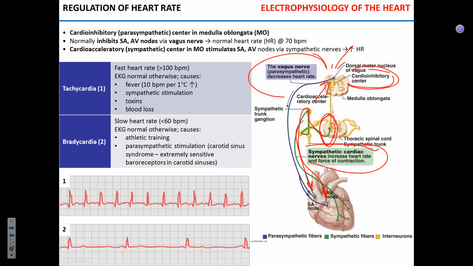It's totally all right. Okay? That makes sense? If I'm running down the hallway and my heart rate is 150, do I have tachycardia? Yes, absolutely. Am I going to die? Hopefully not. Okay, so that's normal. Tachycardia during exercise is absolutely normal.